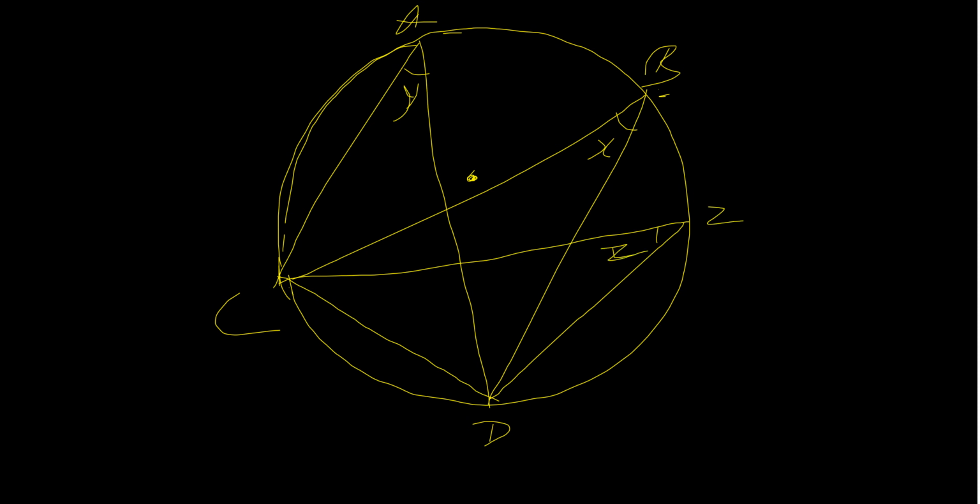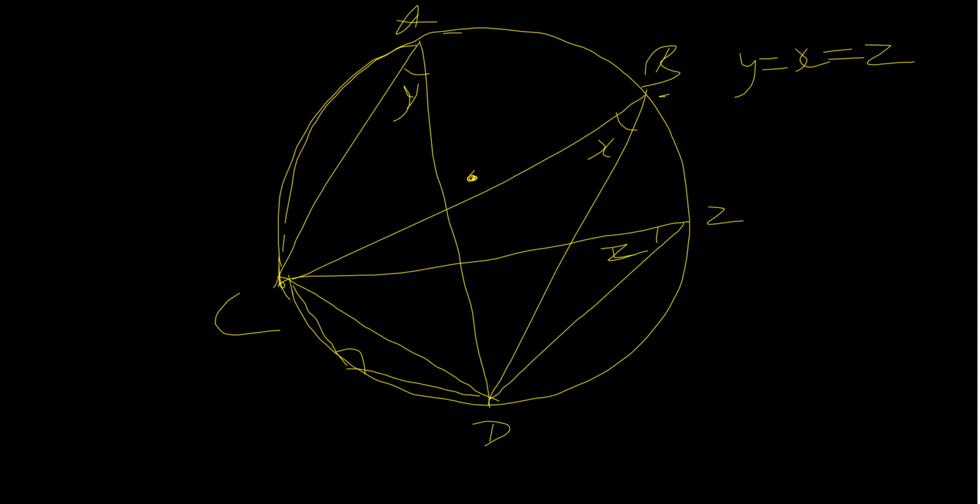So what this means is that Y is equal to X equal to Z. So every angle that is produced by two apex points on any side of the circumference of the circle is equal. But you must be very careful, because sometimes angle will be produced on the opposite side of the line. These angles are usually different from the other angles, okay?